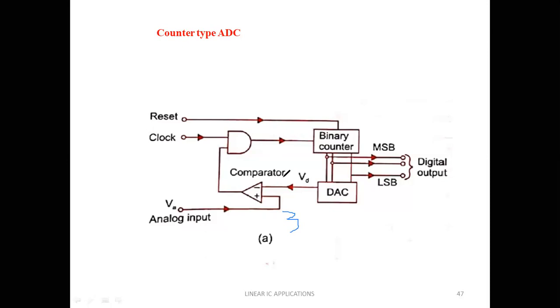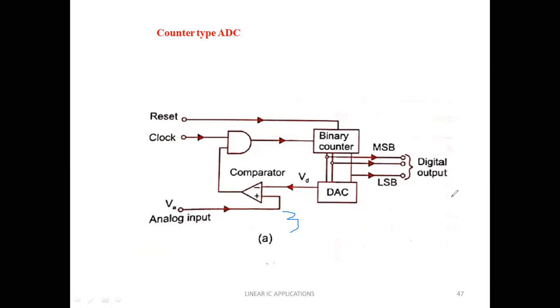Now if you observe this operation compared to the previous parallel comparator ADC, this is very simple, whereas the previous one is very complex. The number of comparators is more there, but in that case the comparators compare the signal simultaneously, not sequentially.